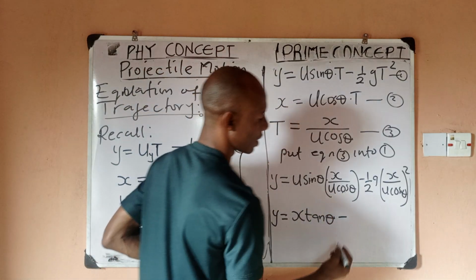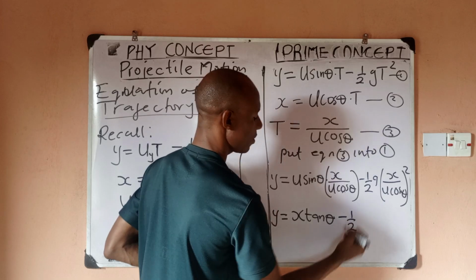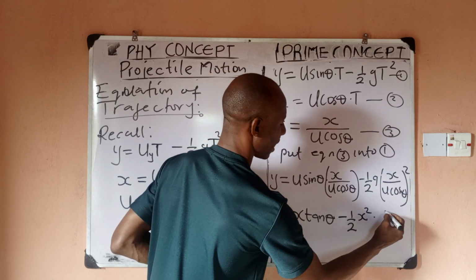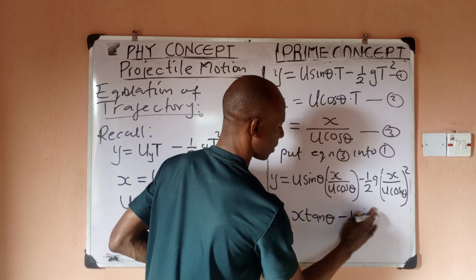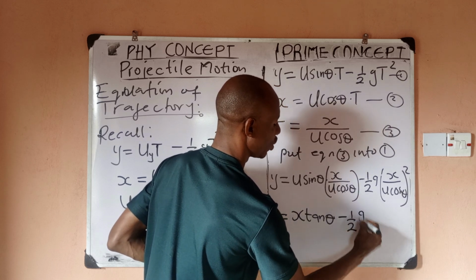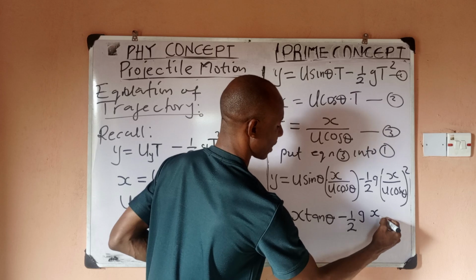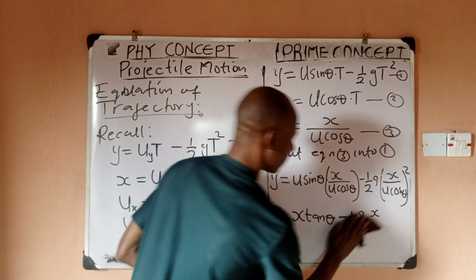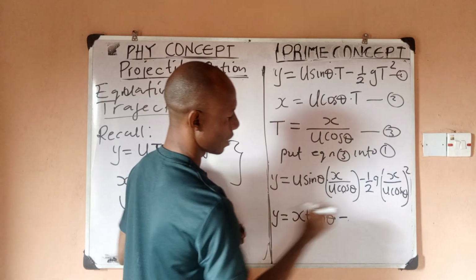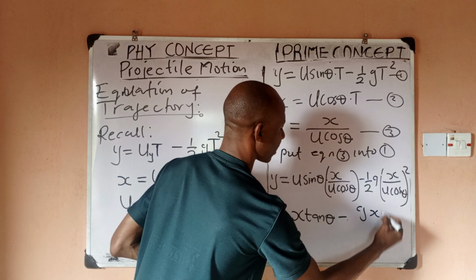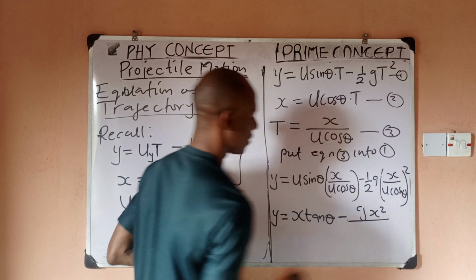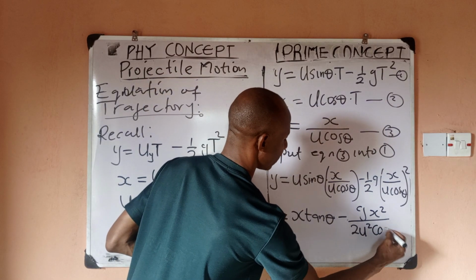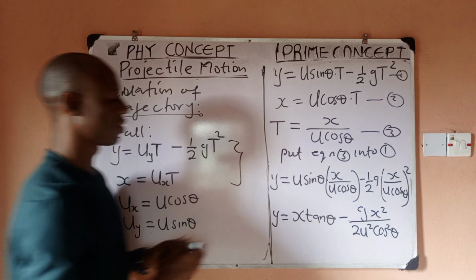Then minus half g x squared. Let's write it together instead of saying half. So I would have g x squared all divided by 2 times u squared cos squared theta. So this is what I would have.